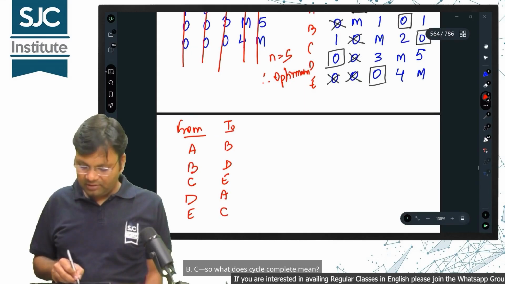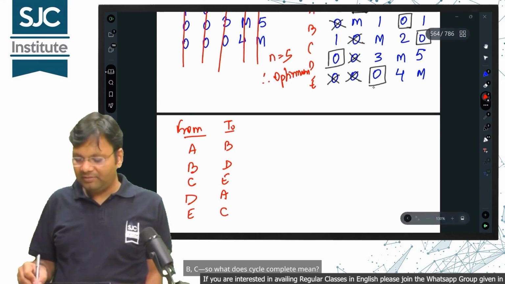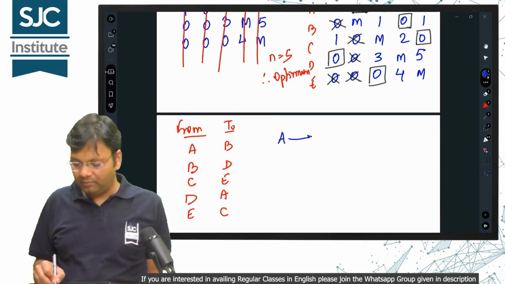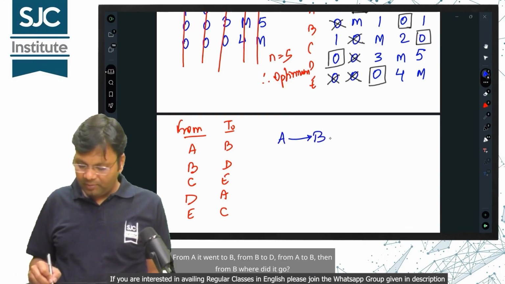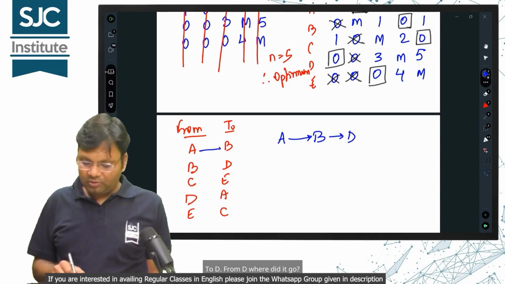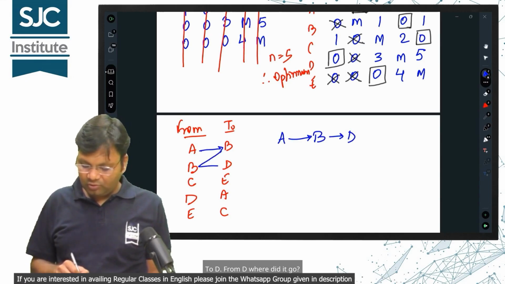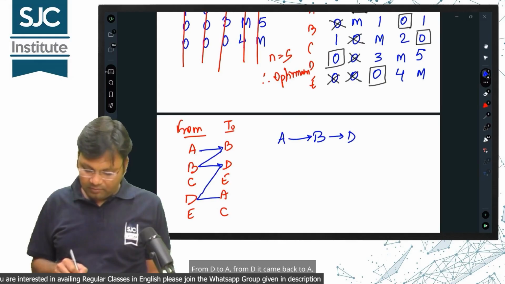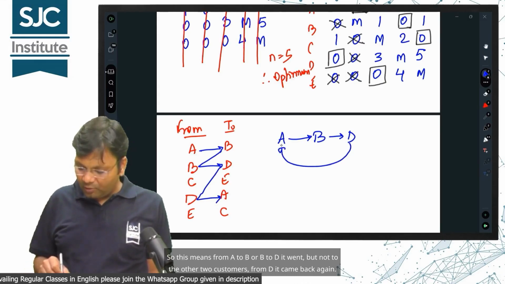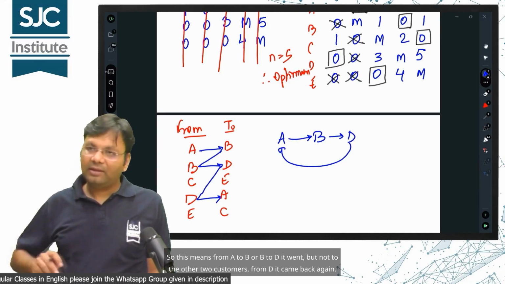So what does cycle complete mean? You will have to draw it like this and see. From A it went to B, from B to D, and from D it came back to A. So this means from A to B or B to D it went, but not to the other two customers.